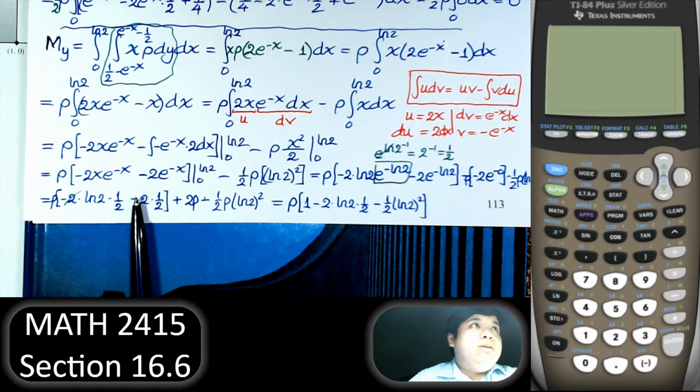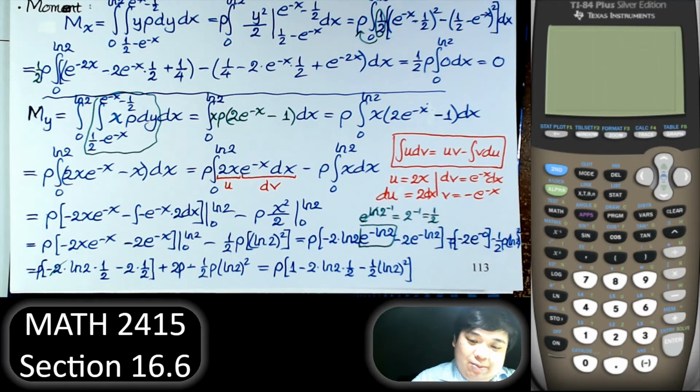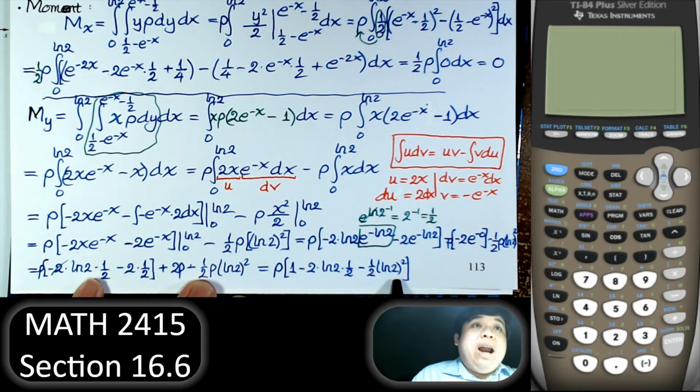So that's what we have. Sorry, this is the long problem. I have to pause and check the calculation. Everything's correct. Right. So run out of space, but this is the moment with respect to y.